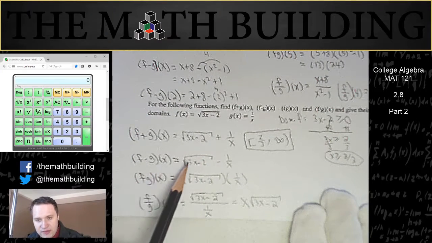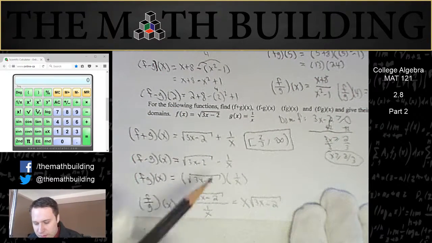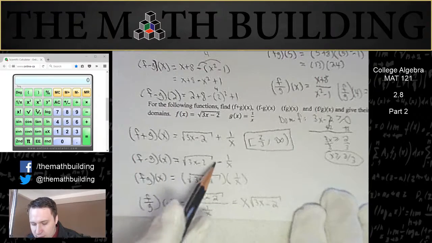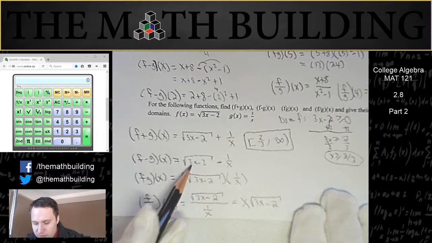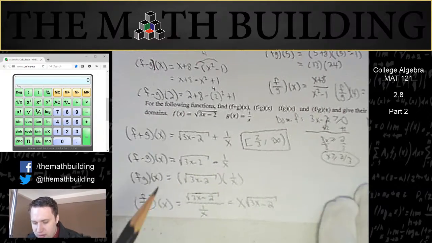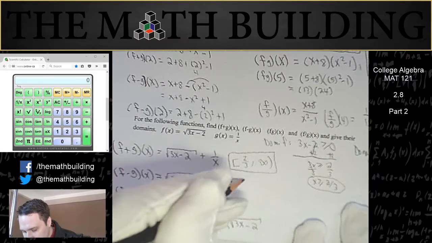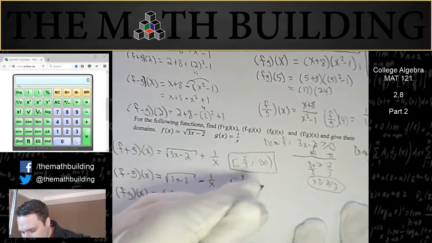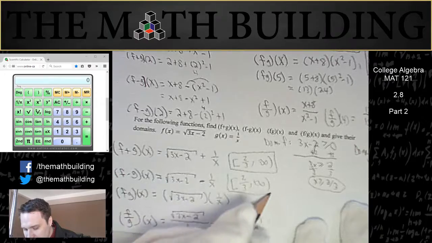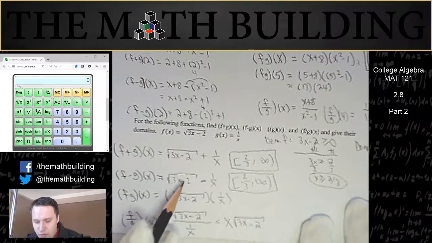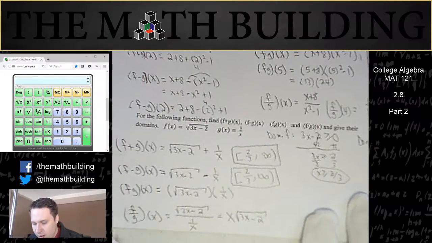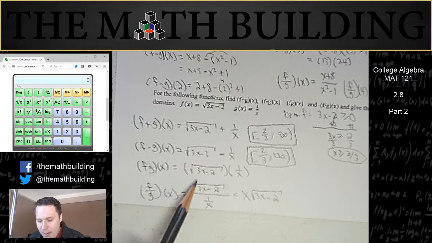In fact, the domain of this next one is going to be the same. This subtraction doesn't really affect our domain much. We still can't be 0, and we still have to be bigger than 2/3. We can equal 2/3 because it's okay to have a 0 in a square root, but we can't be smaller than it. How about multiplying them?